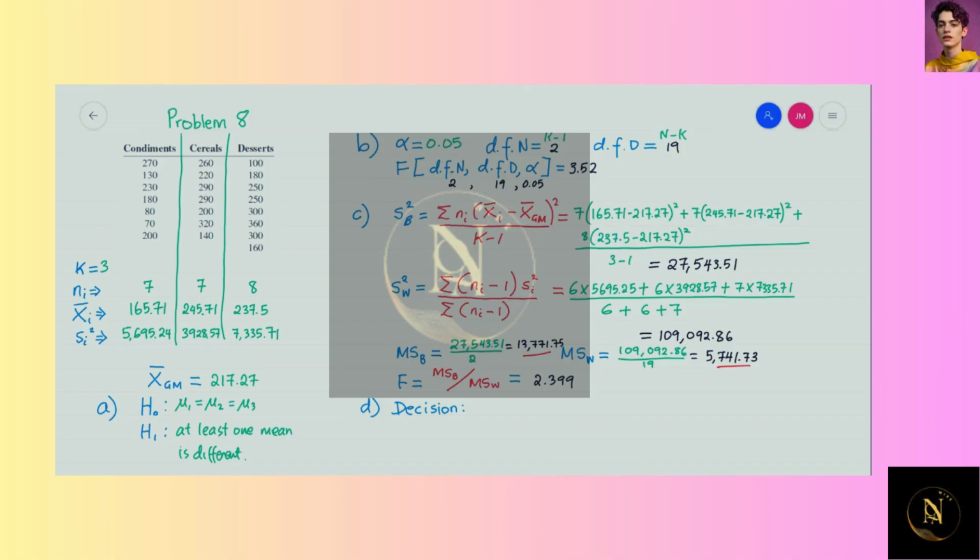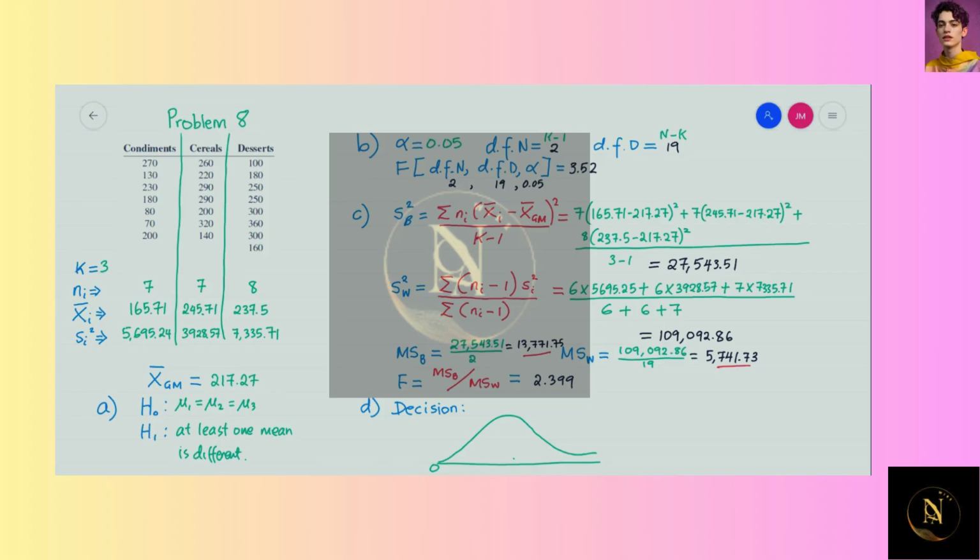Now we need to compare the critical value and the calculated value of F. You can make the critical value diagram here. This is the F distribution.